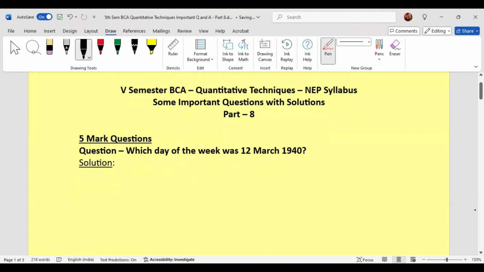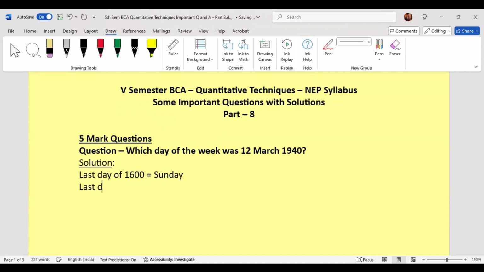Before that, we need to know one thing, we need to remember these things. The last day of 1600 is Sunday. Then the last day of 1700 is 2 days before, that is Friday. The last day of 1800, again 2 days before, is Wednesday.